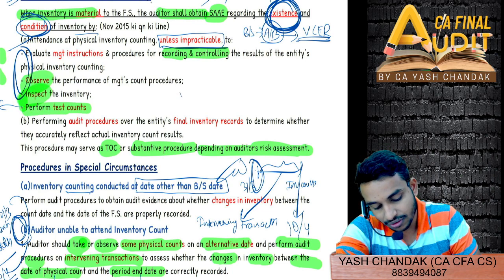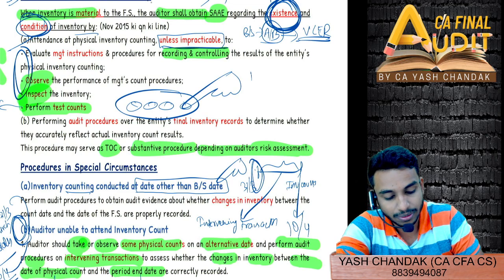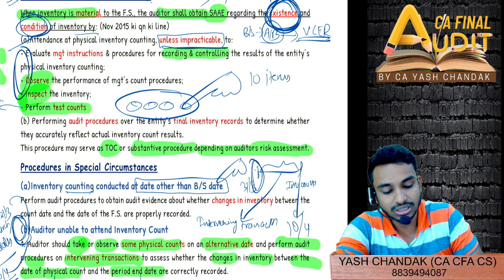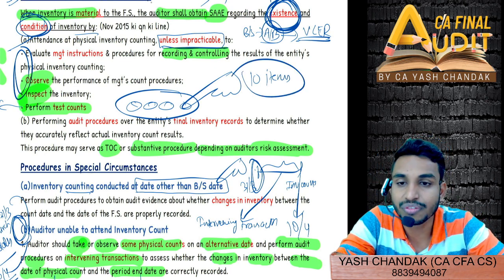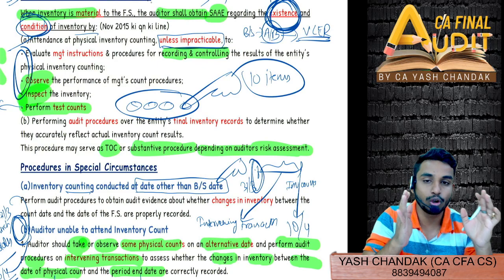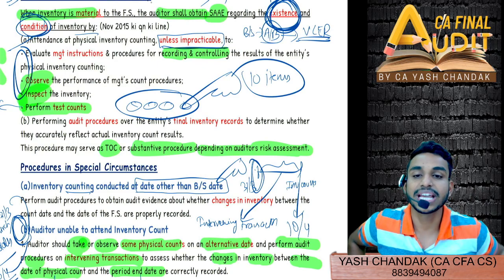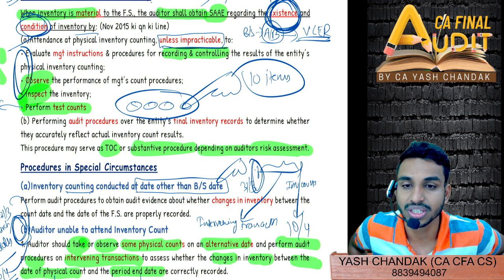Obviously, I told you that a few of the items you can pick up, and suppose in each and every box there should be at least 10 items, then you will just test check whether the 10 items are there or not. So it is a sort of surprise test count. And lastly, you will tally the recorded figures in the books versus the actual results you arrived at after physical verification of the inventory.